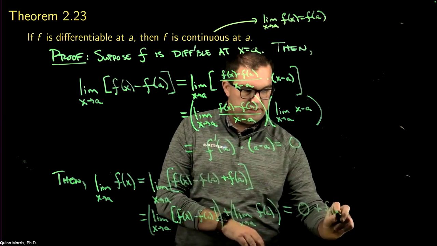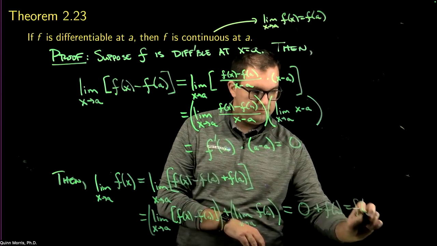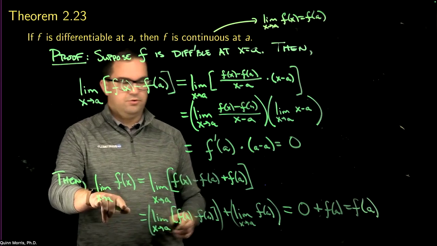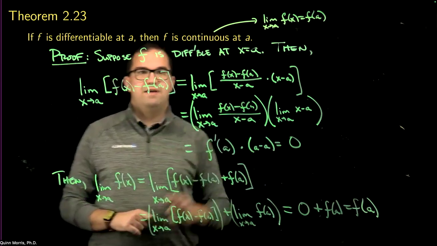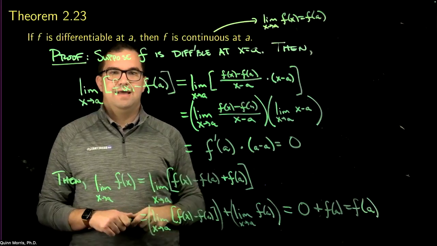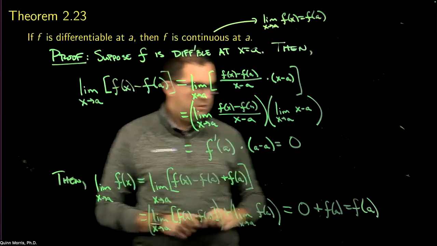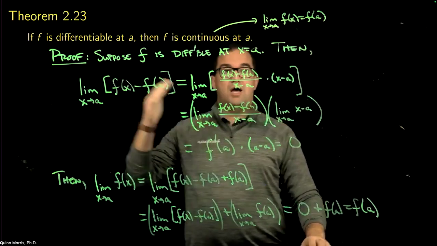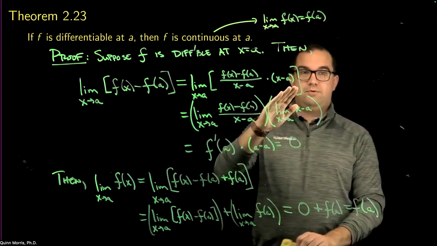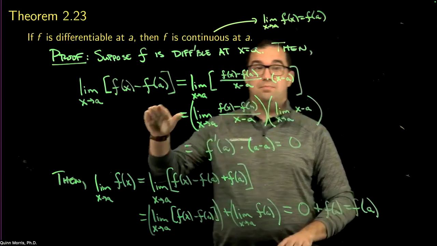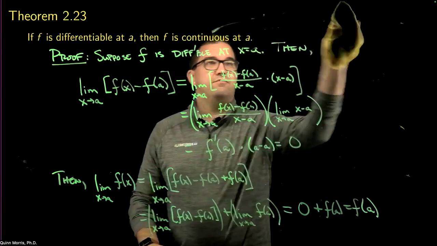It's just the constant. And so I've shown that the limit as x approaches a of f of x is equal to f of a, which is exactly what it means for f to be continuous at a. So again, we've seen continuity does not imply differentiability, but now what we're seeing here is that differentiability of a function at a point does imply continuity of the function at that point.